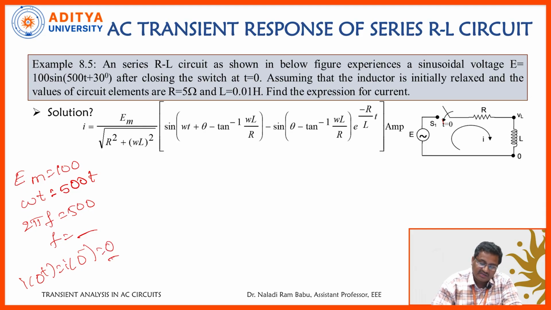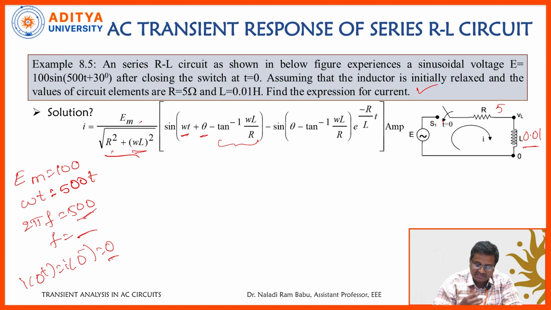And the circuit elements are R is equal to 5 and L is equal to 0.01. Now they are asking us to find out the expression of current, okay. What is the expression which we derived earlier? This is the expression, and we can directly substitute it. Em is 100, okay, and R is 5 ohms, omega into L, where omega is 500. So 500 into 0.01, substitute it, omega t, 500 t, the value of theta is 30.